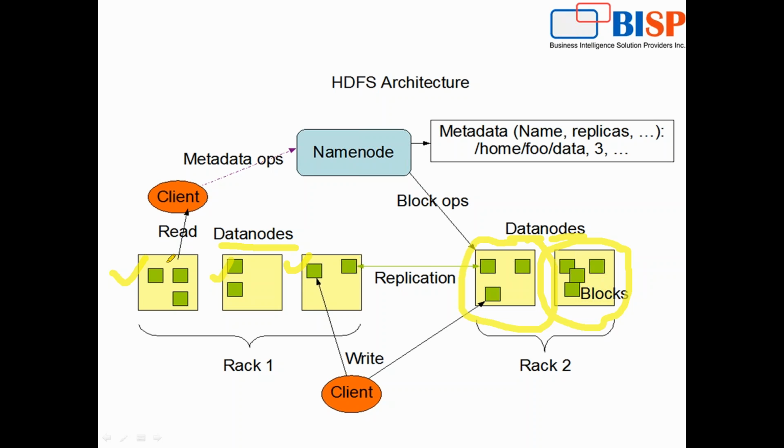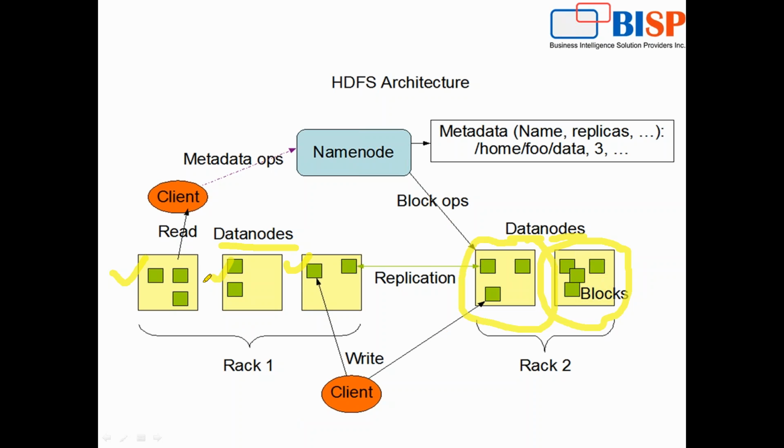That's the reason the data can be stored in multiple systems. You can store a huge amount of data because you can easily add data nodes, and the data is processed parallelly in the data nodes. That's the reason it is called a distributed processing system.